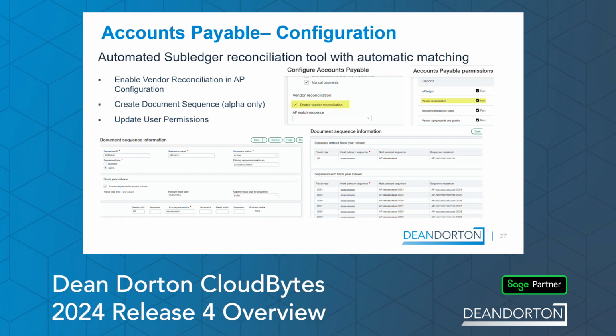Automated subledger reconciliation tool with automatic matching. So again, I said AP is just like AR, only in reverse, and you could say that the other way as well. They also are working on a vendor reconciliation tool to help reconcile vendor accounts.